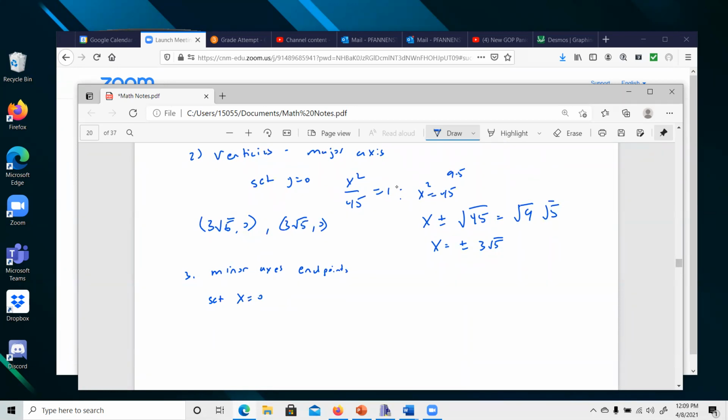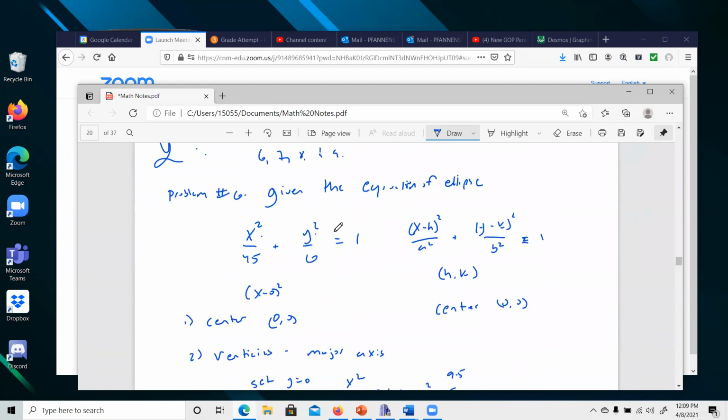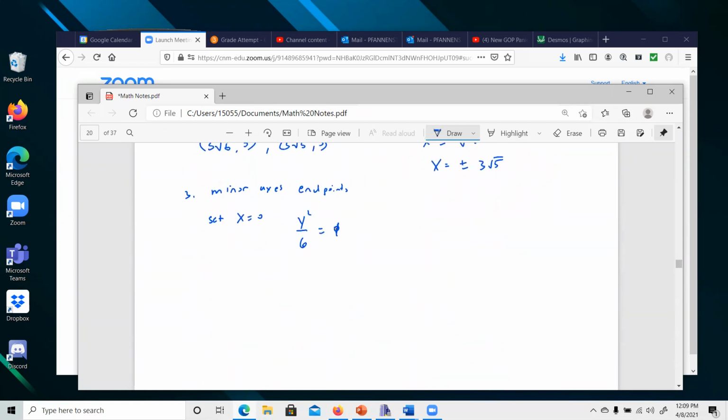So we're going to have y squared over 6 equals 1. In this case, 6 doesn't have a perfect square in it, so we just have y squared equals 6. So y is equal to plus or minus root 6. So the endpoints are (0, root 6) and (0, negative root 6). Those are our minor axes endpoints, and that would be our answer for that one.